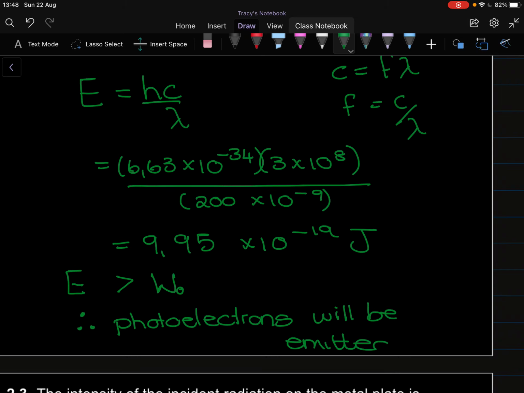It's another way around. It's perfectly acceptable. You're comparing it to the work function. You could have worked out the frequency of the wave when its wavelength is 200 nanometers, then worked out the threshold frequency and compared the two. And if the frequency of the 200 nanometers is bigger than the threshold frequency, then we'd emit electrons.